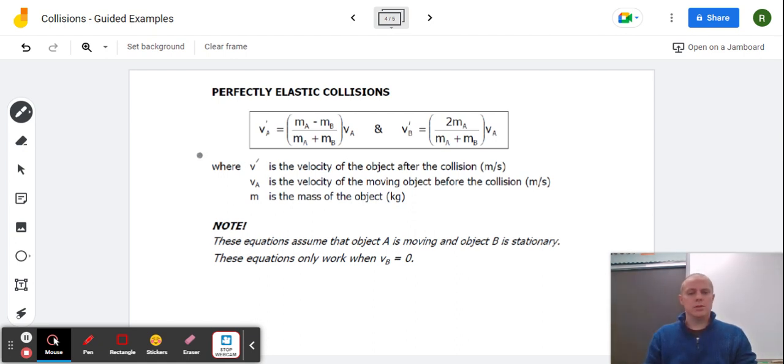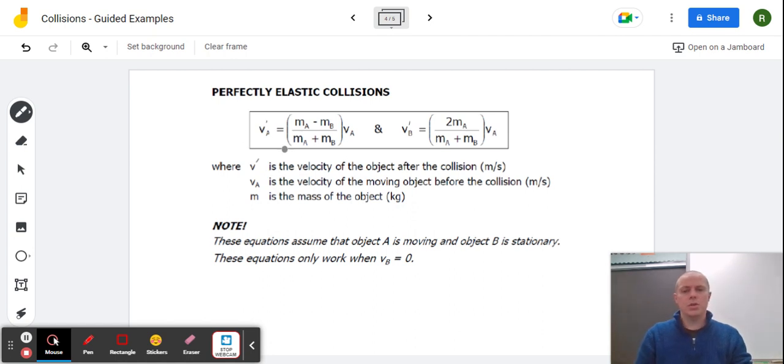So far, the way we've been solving them is we've been taking our equations for momentum and energy, and subbing one equation into the other and doing kind of a linear systems thing, and the math can get really messy. So what I'm going to show you today are two equations that just make life easier.